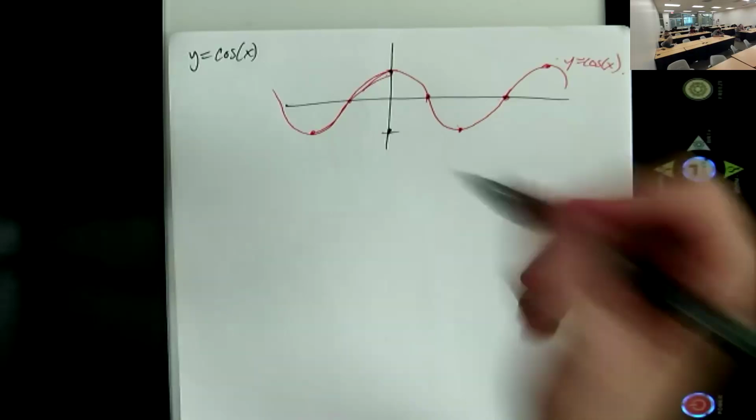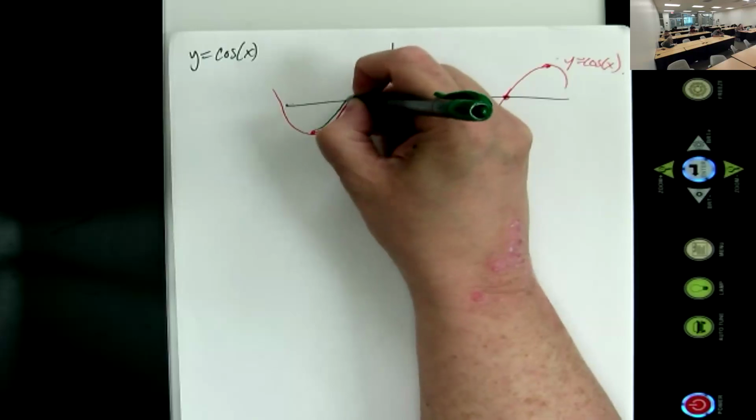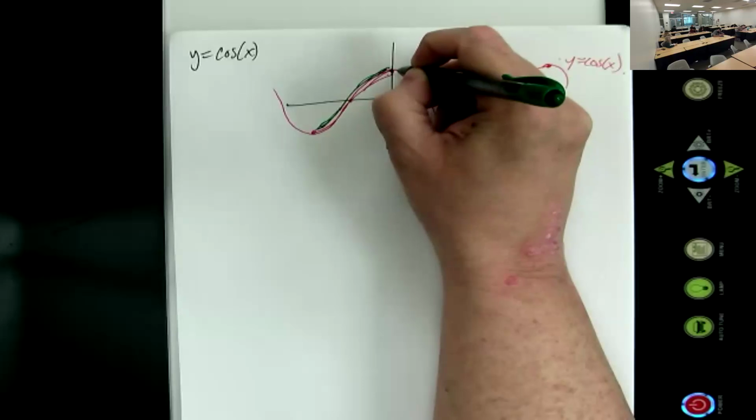Well, I need a region that includes -1 to 1, and I kind of want them in order if I can, so that's a possible choice.